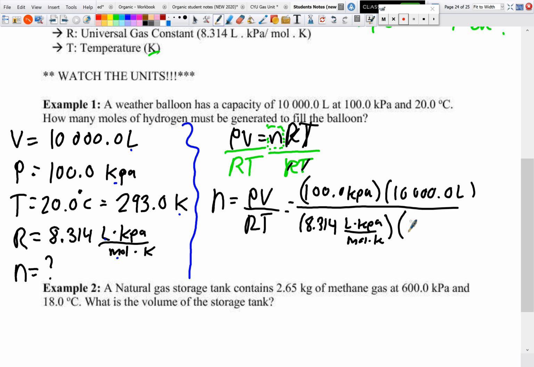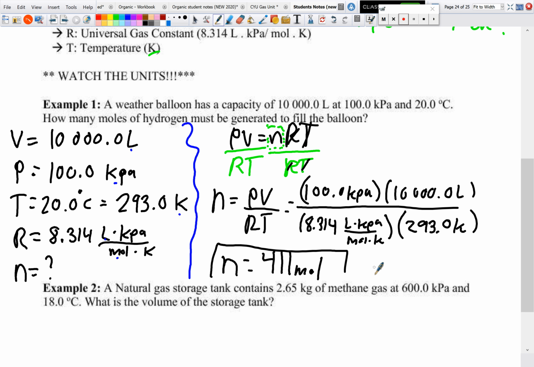And finally, my temperature is 293.0 Kelvin. And n is equal to 411 moles. So this is rounded to 3 significant digits, because our 20.0 had the lowest number of significant digits, and that was 3, right?